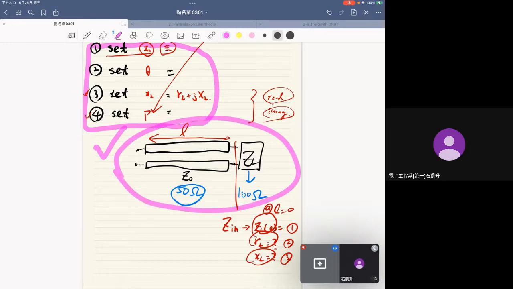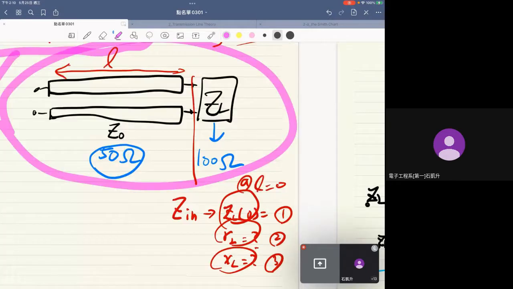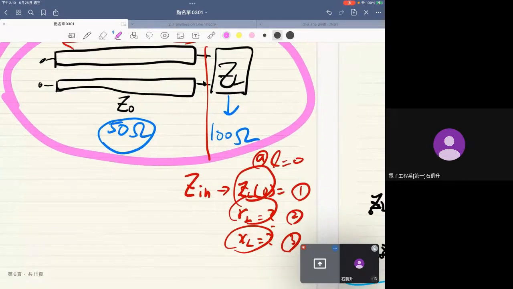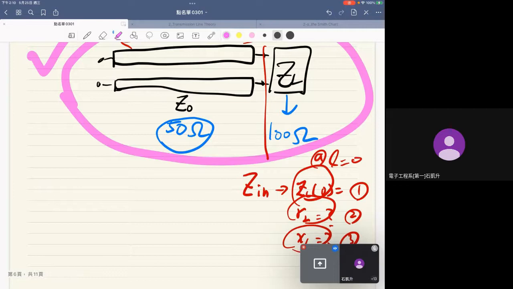Please give me 1, 2, 3. Use this circle 1, 2, 3 to show me where is your answer. One more minute. Please hurry up. For the number 1, number 2, number 3. What is the answer for number 1? What's the answer for number 2? And what's the answer? Please give me a circle.